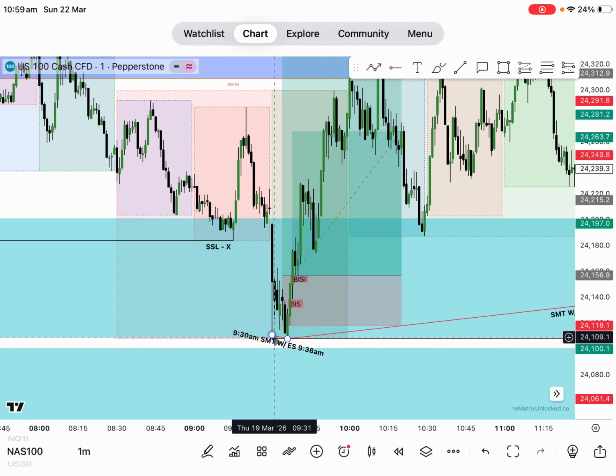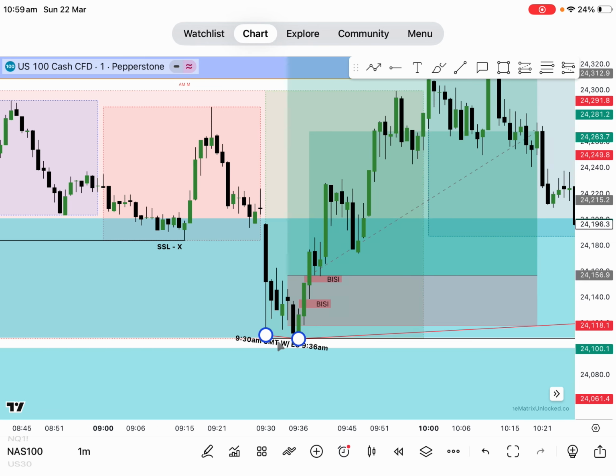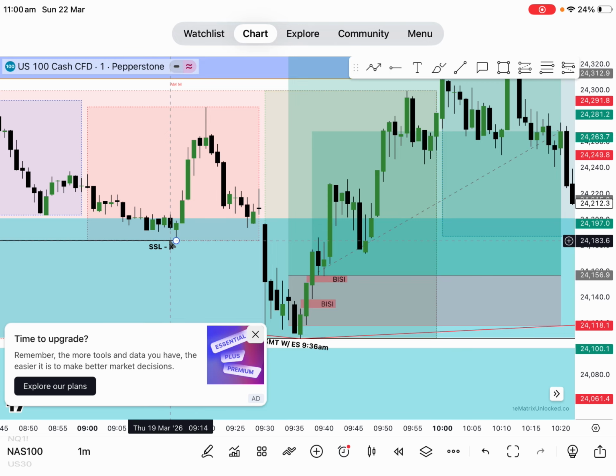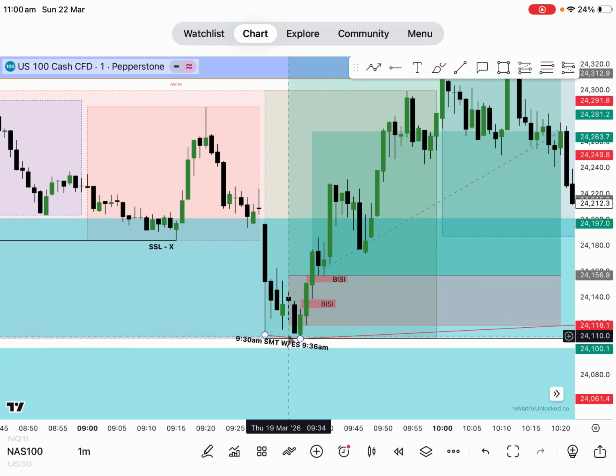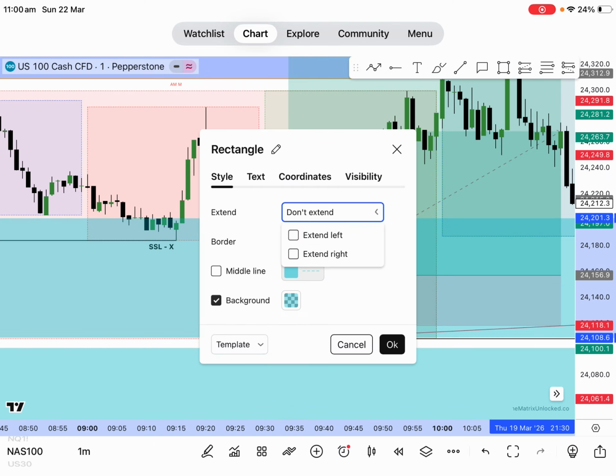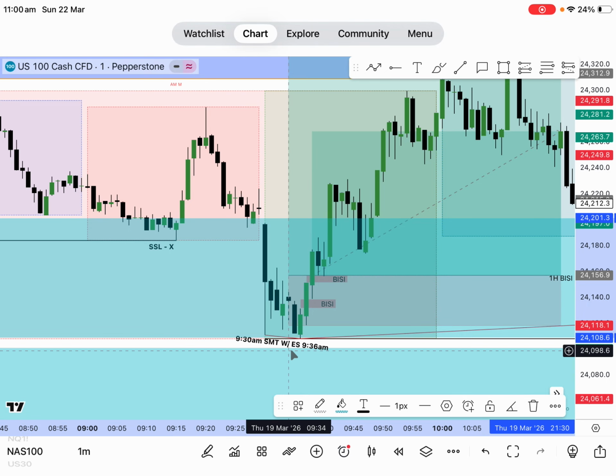So when this liquidity was taken at 9:30, it came a little bit up, went down, and created a SMT with ES. As soon as you see that, and guess what this is, guys? This is 1 hour CB. It just filled the 1 hour CB and then made SMT.